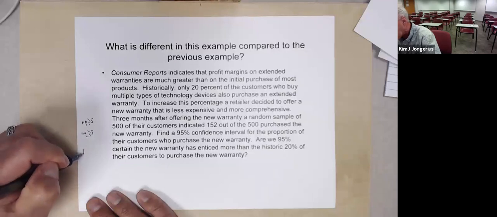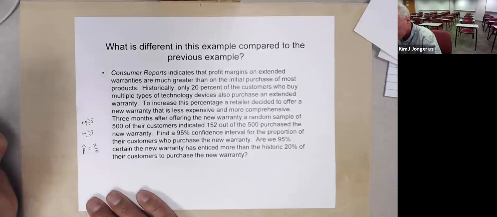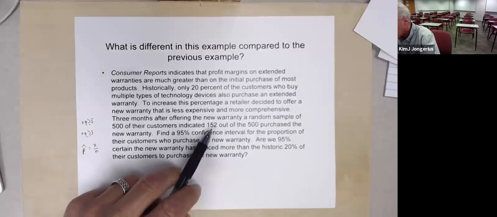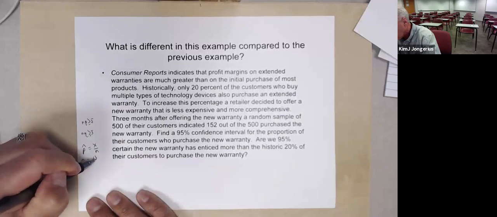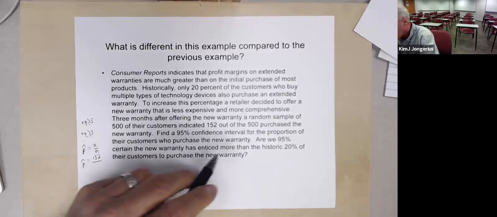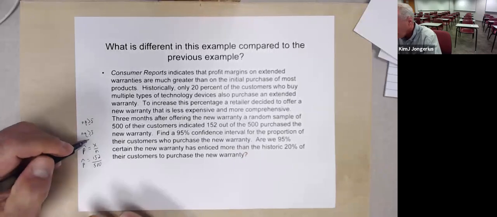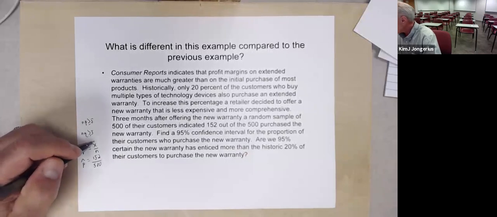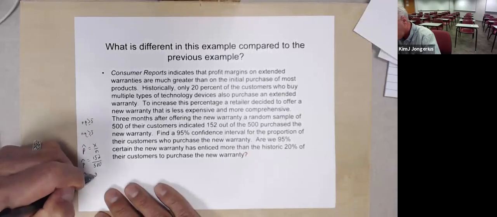My p hat, which is x over n, is going to be the 152 divided by the sample size 500. So when you do that, that p hat turns out to be 0.304.